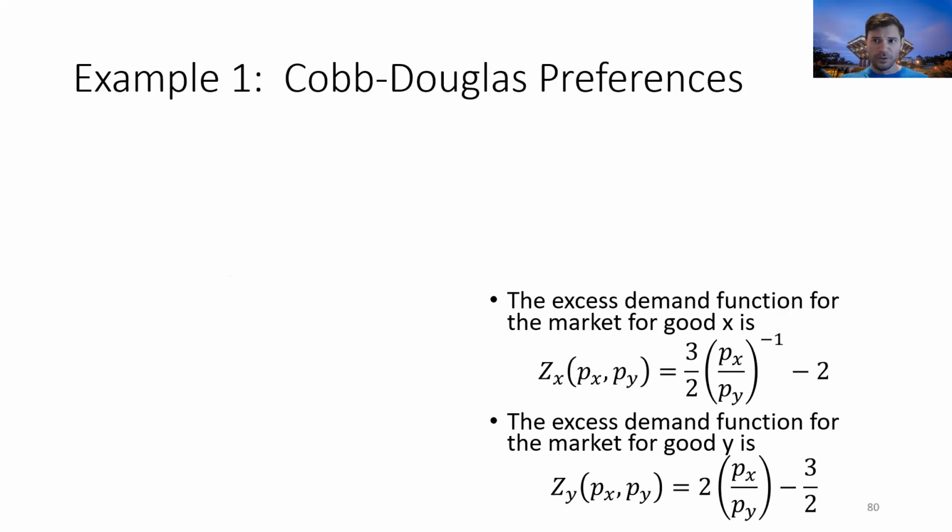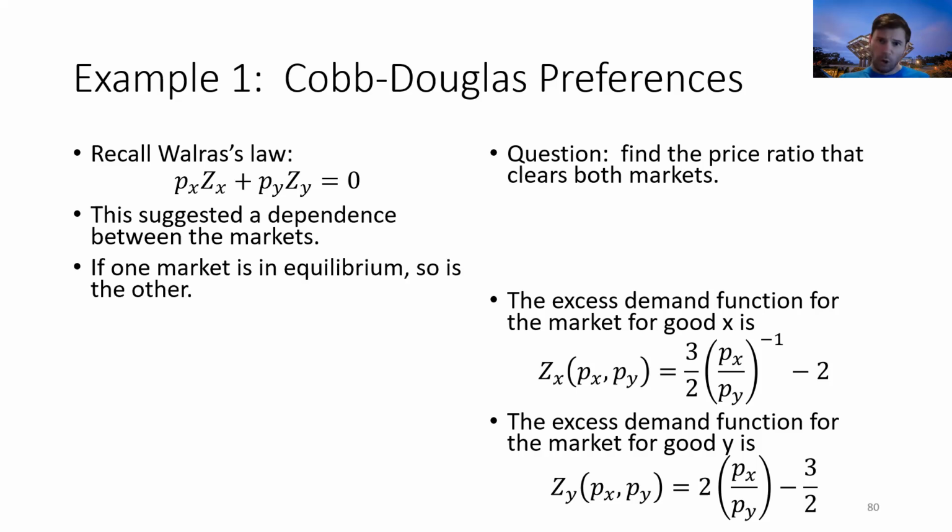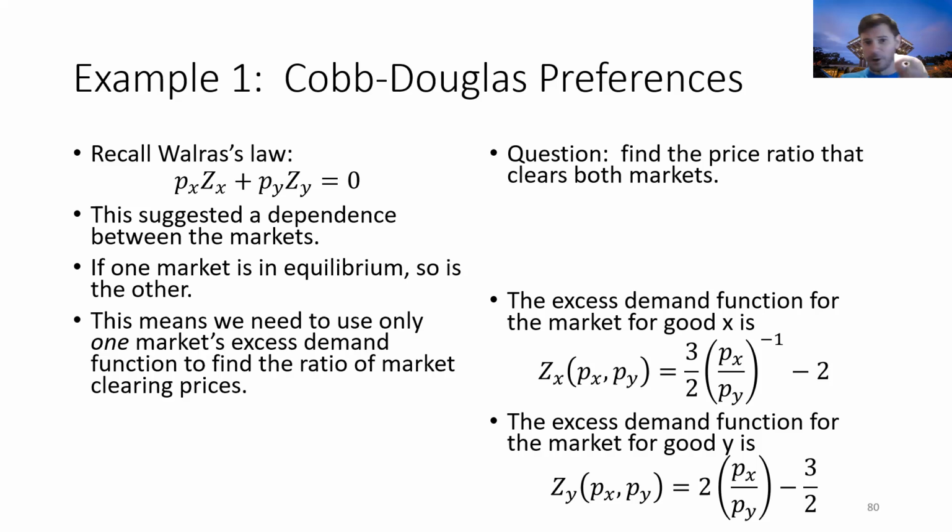Okay, so let's suppose we want to find the price ratio that clears both markets. Given the dependence between both markets, that ripple effect, we know we only need one of those markets to clear. So if I just take, for example, the excess demand function for good X, and I set it equal to 0, and I solve for the price ratio, that price ratio will also clear the other market.